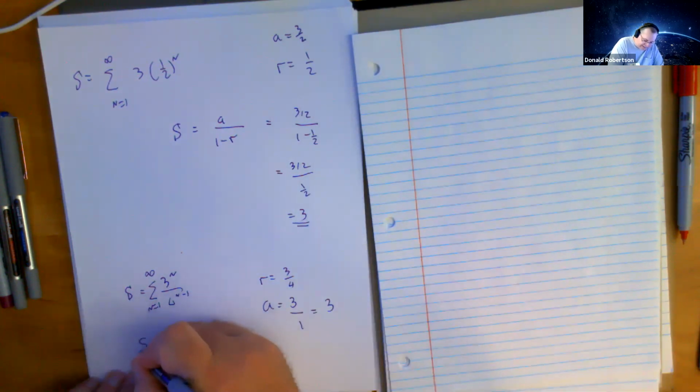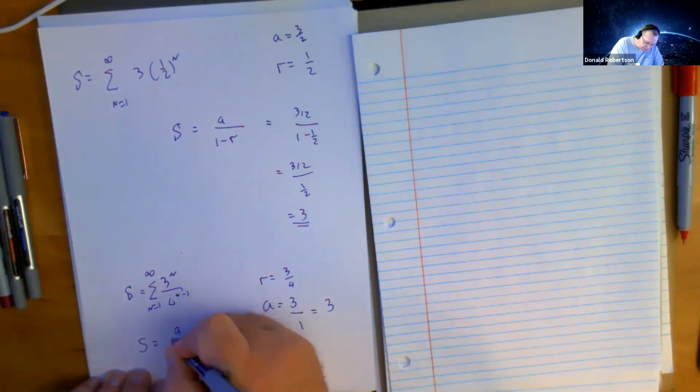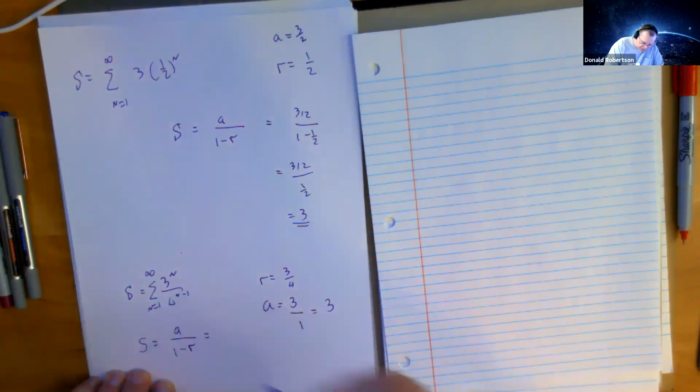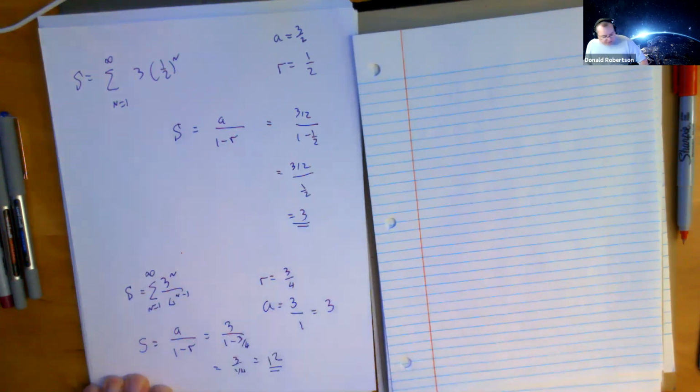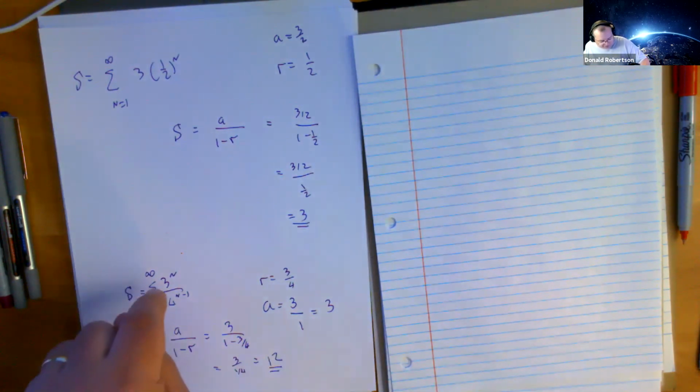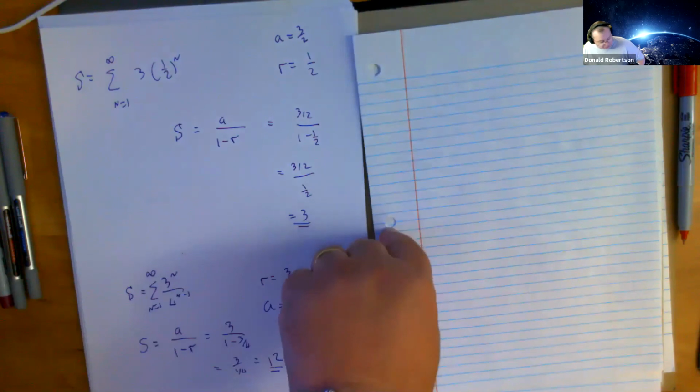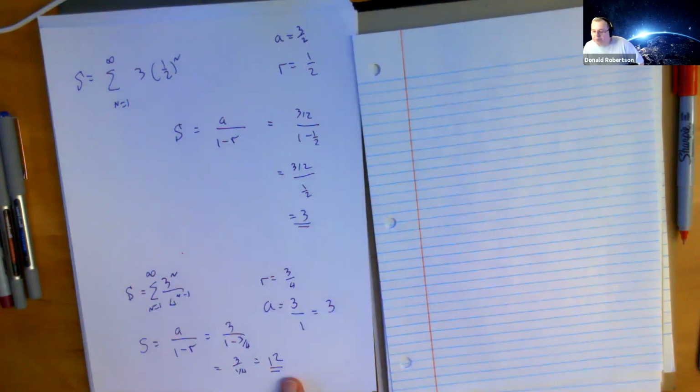So it adds up to A over 1 take away R, which is 3 over 1 take away 3/4, 3 over 1/4, and it ends up being 12. So if you wrote this down to eternity, it's rather surprisingly a large number. It would converge to 12.